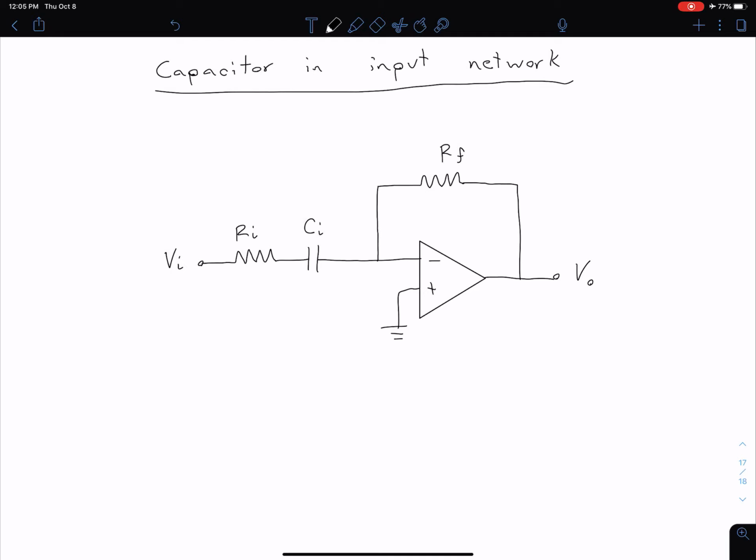So in this case, we see that our input impedance, Zi, is equal to the series combination of our Ri and the impedance of our capacitor, which is 1 over j omega Ci. Our feedback impedance, Zf, is just going to be that resistor, Rf.